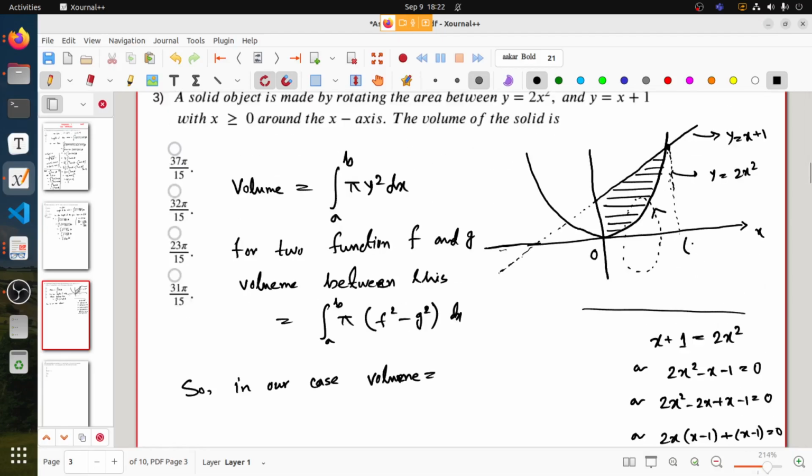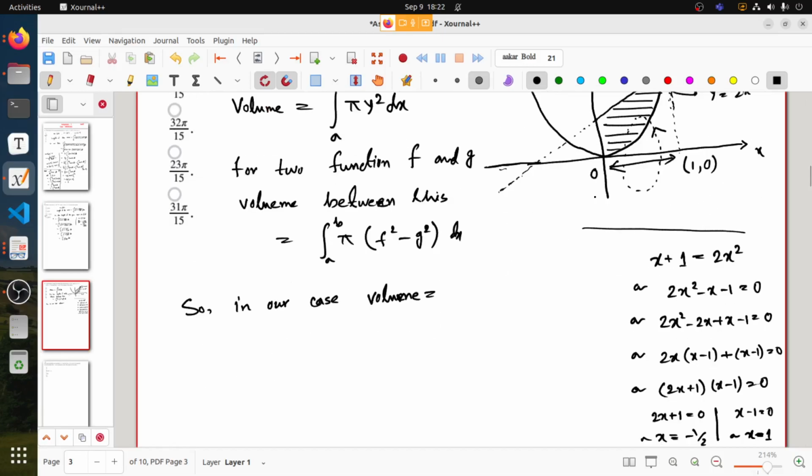So this is the point 1 comma 0, and if you put this, we get 1 comma 2. If you put x equals 1, y will be 2, right. So you have to integrate from 0 to 1, in this range. So I am writing it here, it will be from 0 to 1 of pi.